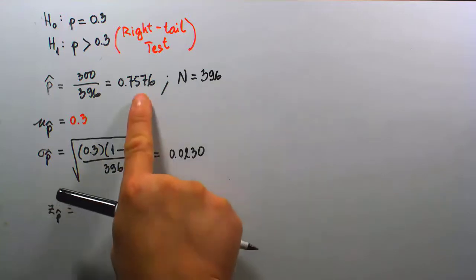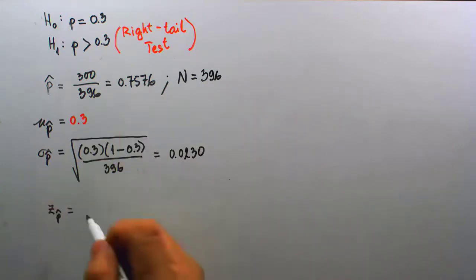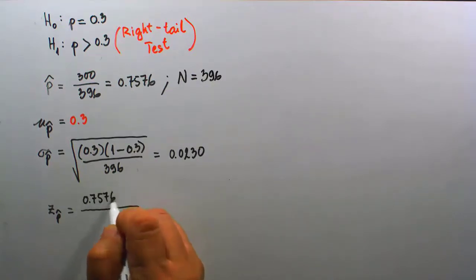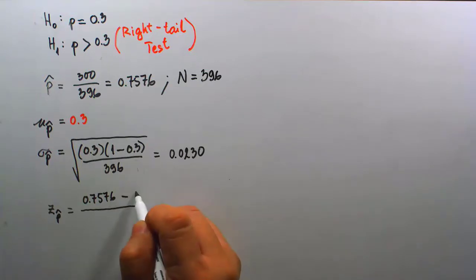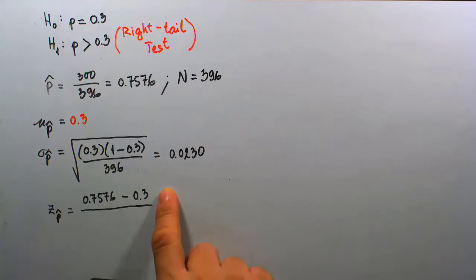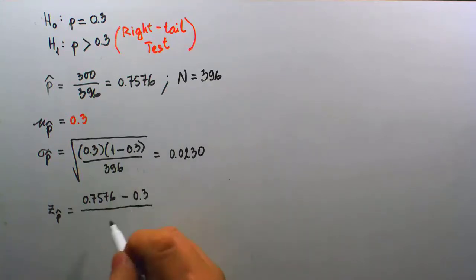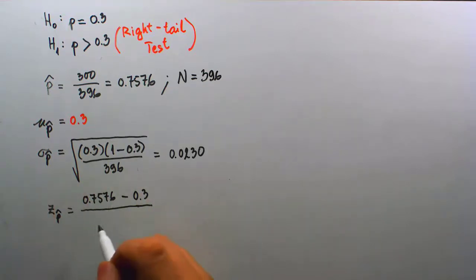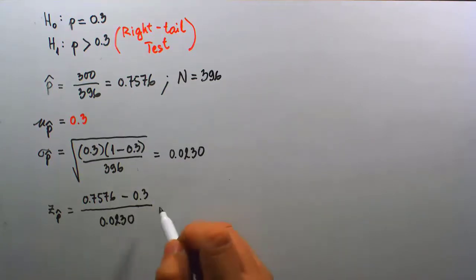From where our sample value was, 0.7576, subtract 0.3, the mean of all sample proportion values, and divide that by sigma p hat, the standard deviation of all sample proportion values. So 0.0230 is going in the denominator.